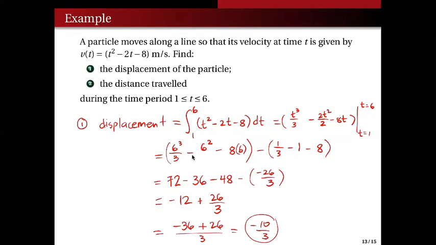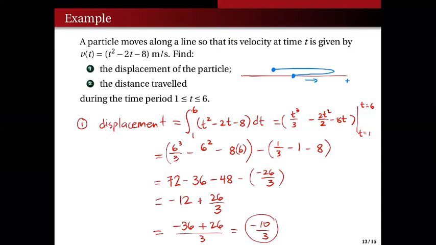If all the evaluations and simplification here are correct, what does this mean? If your particle started from this point, after moving some time, the particle ended up here. Of course, to the right is our positive direction.